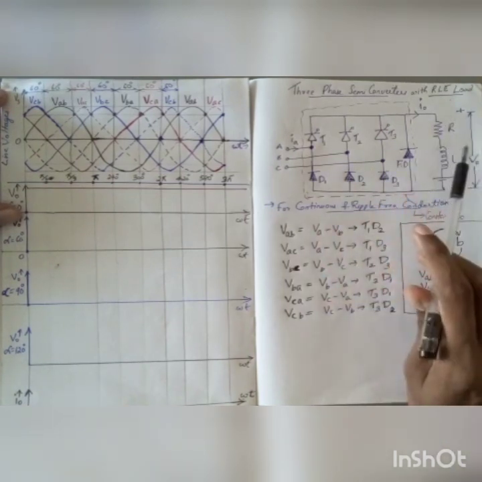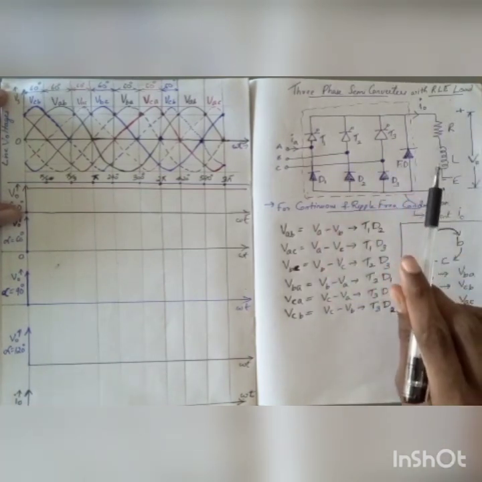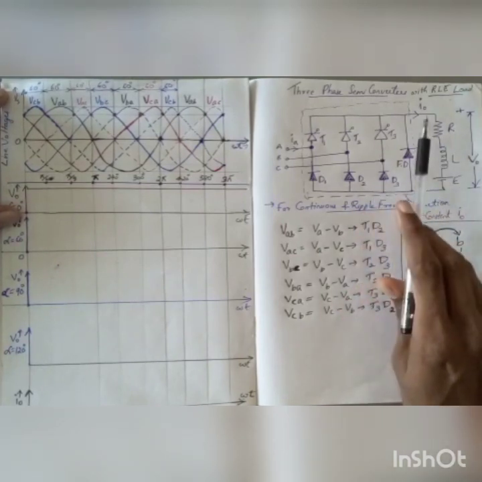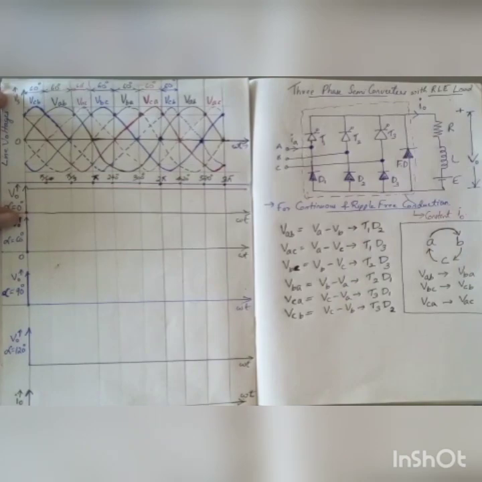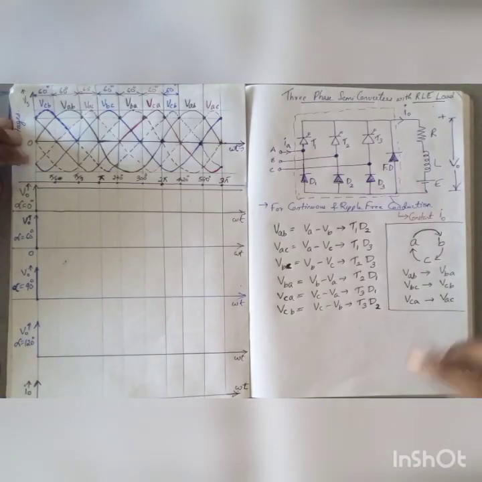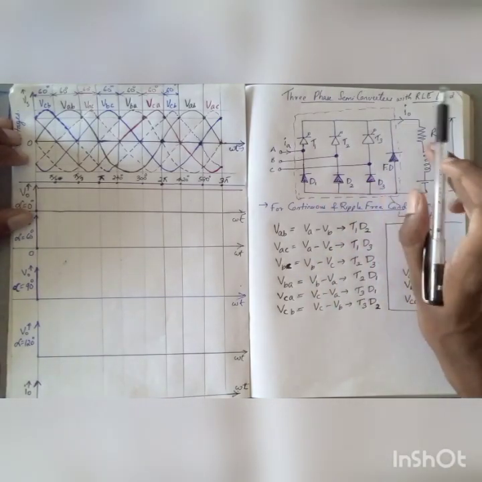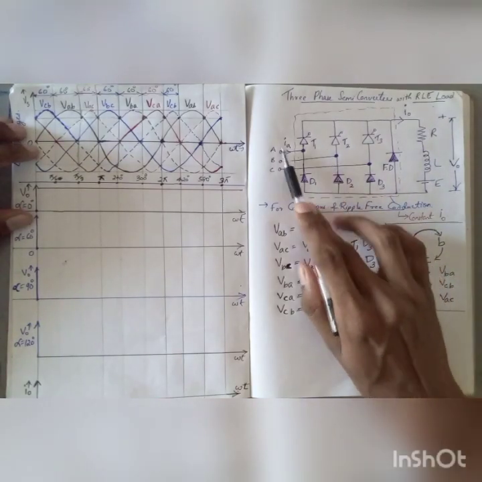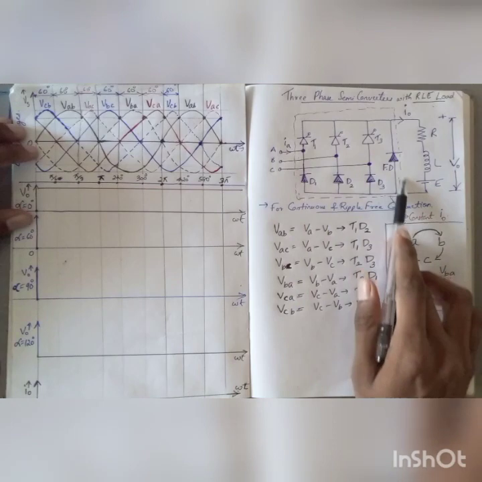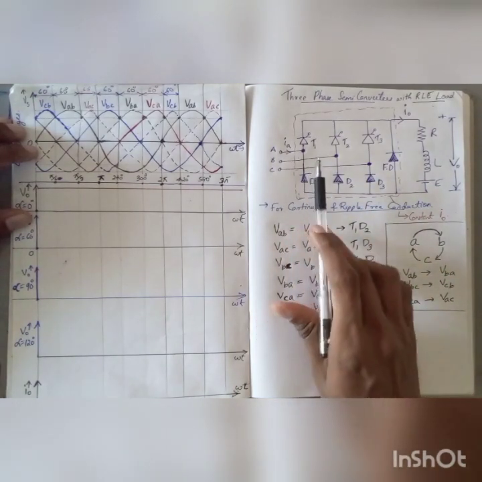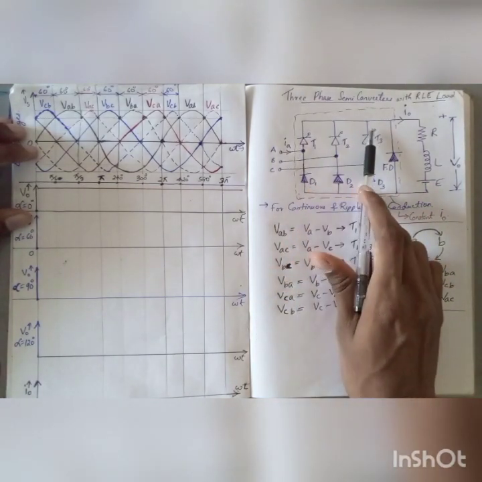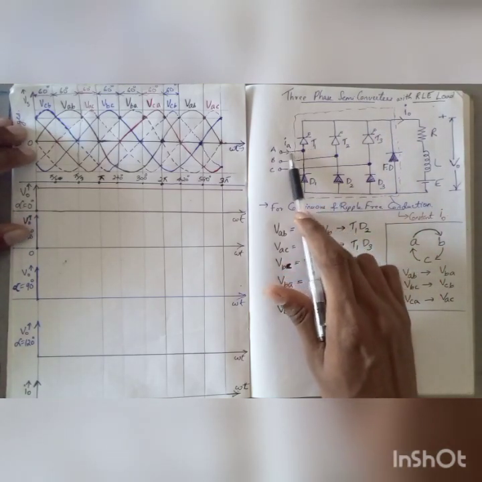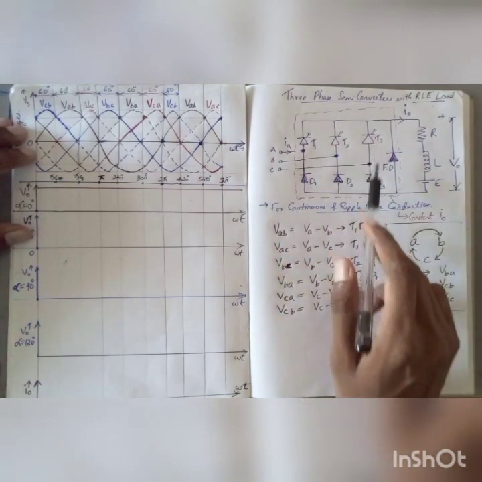three-phase full converters. What is the basic difference between a three-phase full converter and a three-phase semi-converter? A three-phase full converter circuit has two groups of thyristors, a positive group and a negative group. In the positive group, the cathodes of the thyristors are short circuited and the anodes are connected to the three phases.